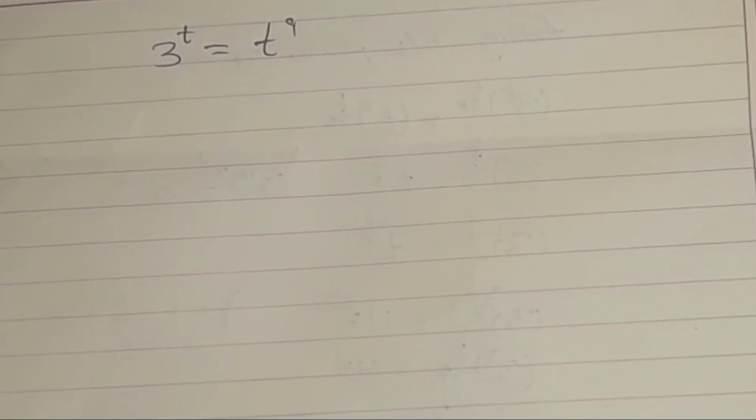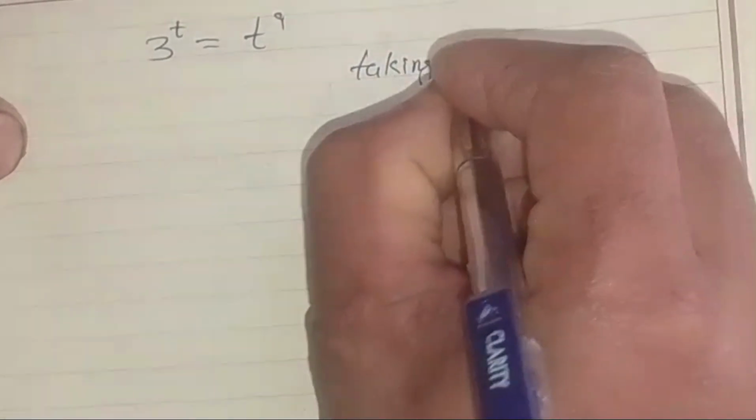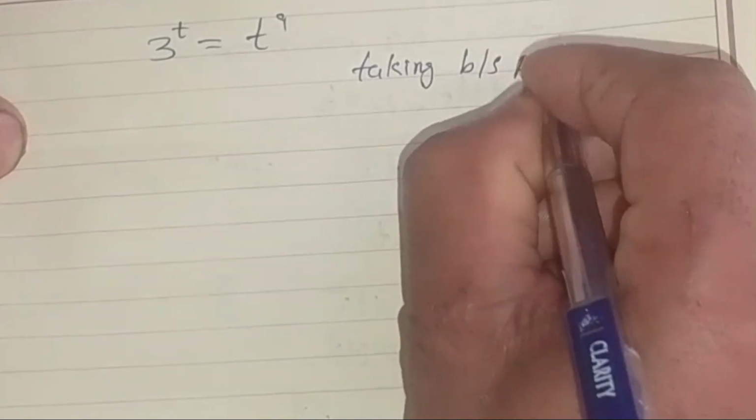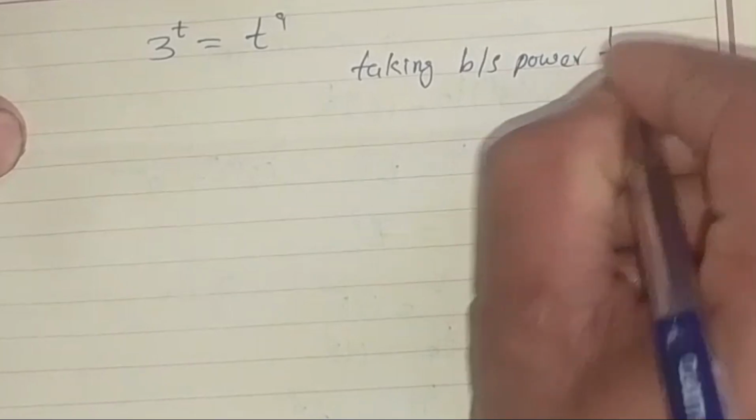Today we solve this expression to find out the value of t. Taking both sides to the power of 1 over 9t.